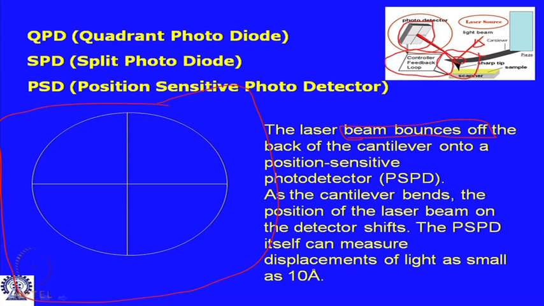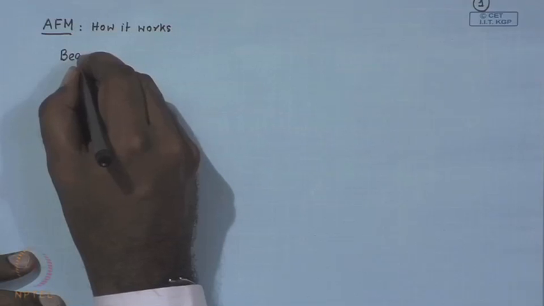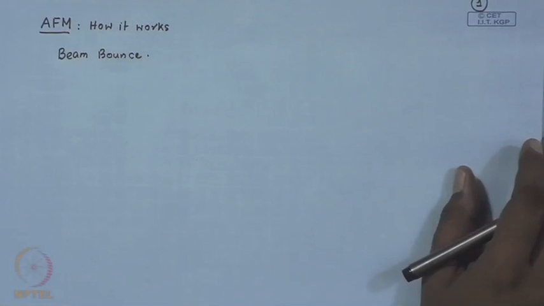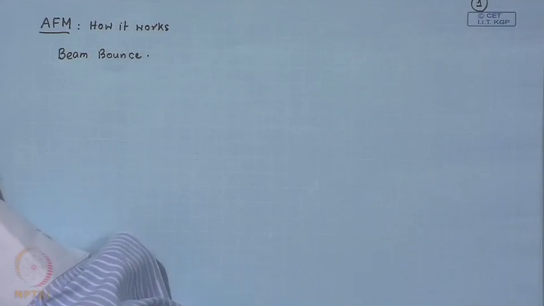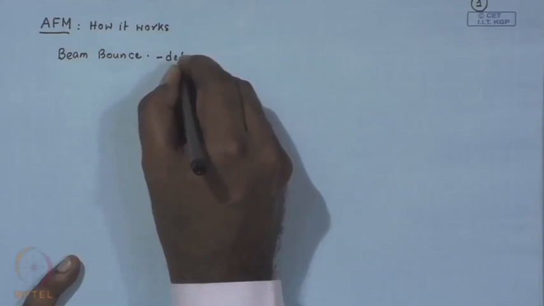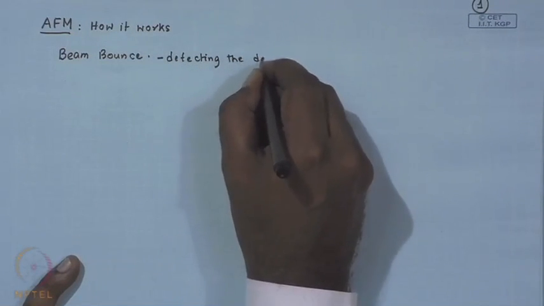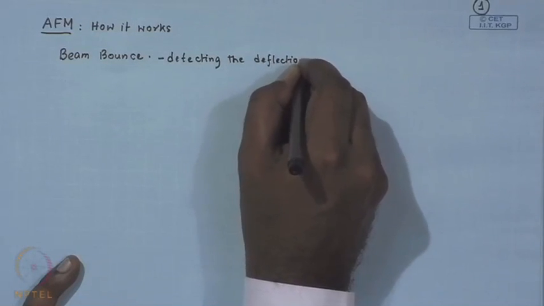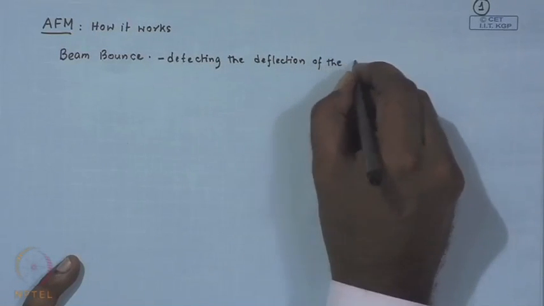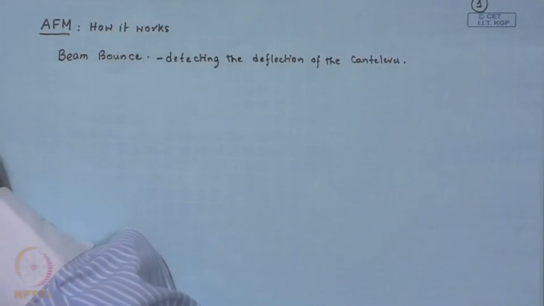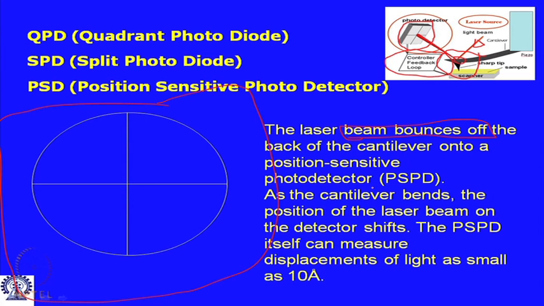That is the reason this technique is known as the beam bounce method for the detection of the deflection of the cantilever. This is sort of the industry standard. Every commercial instrument uses this approach, so we are not going to discuss any other methodology.